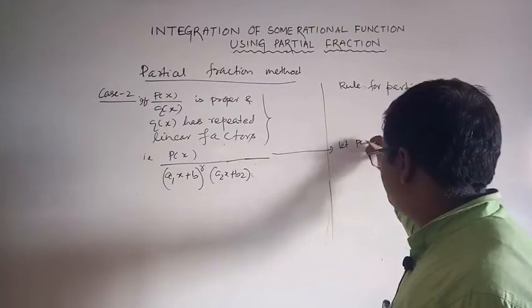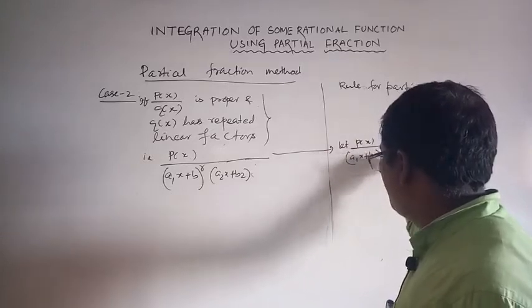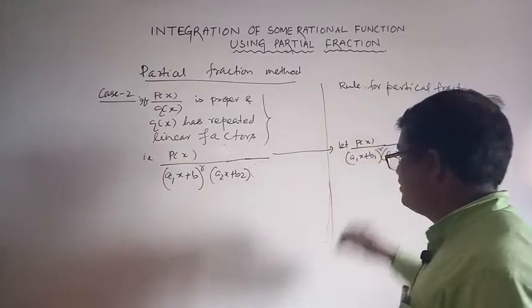Then let p(x) by (a1x plus b1) whole together and (a2x plus b2).